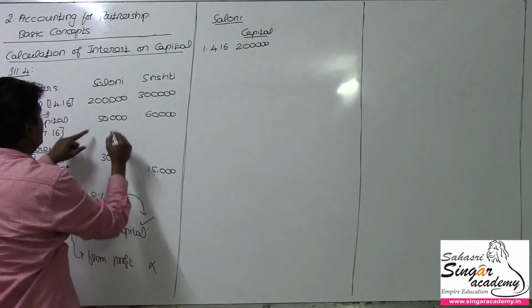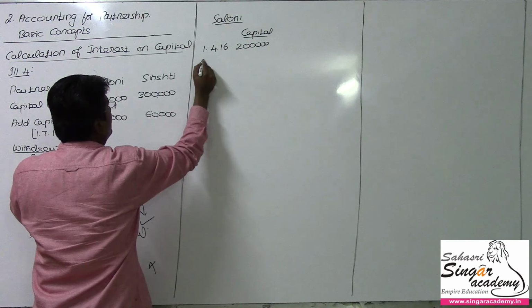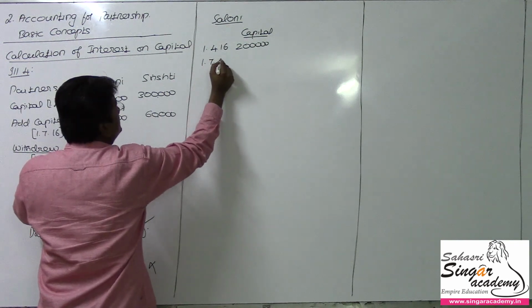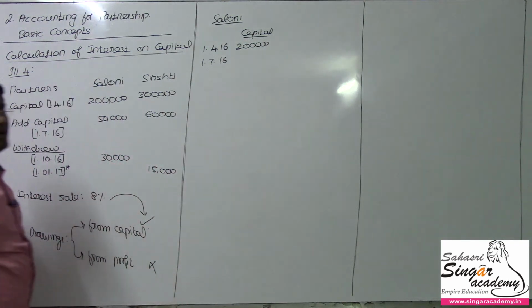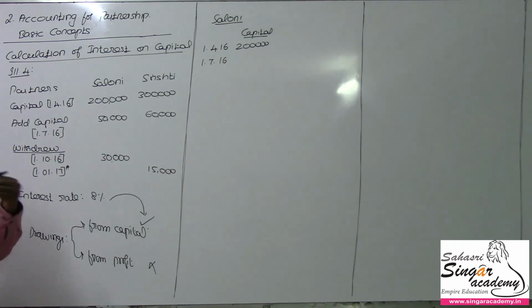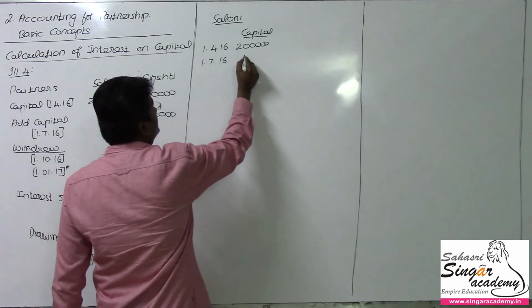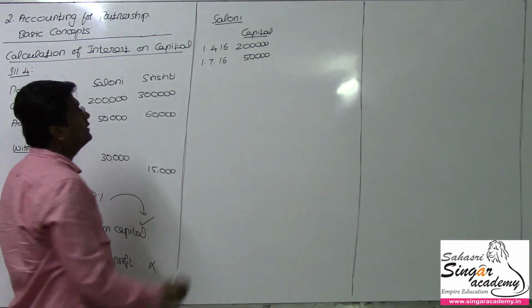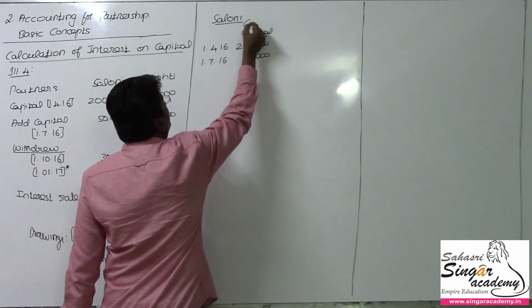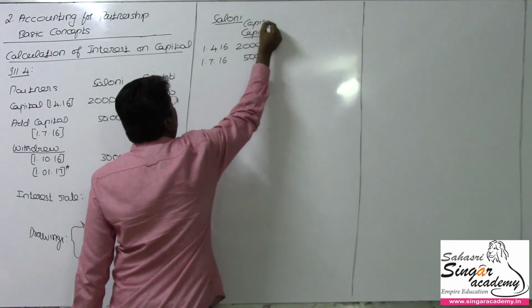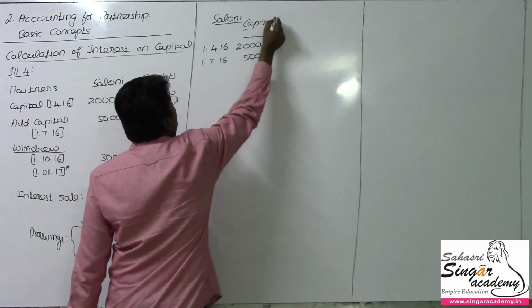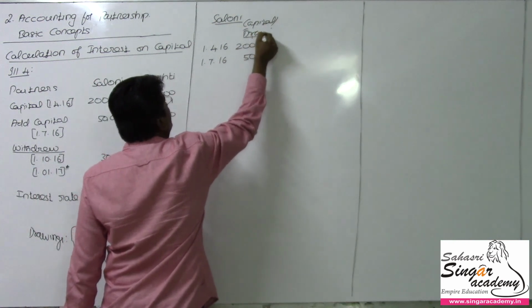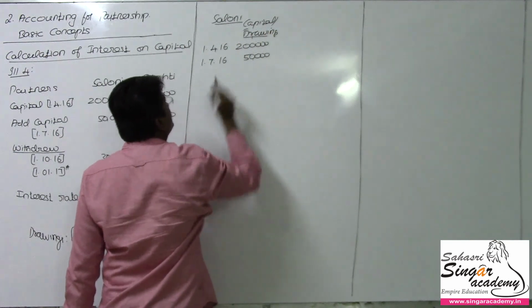And there is introduction of new capital on 1/7/16, further amount deposited as additional capital is introduced here, 50,000 rupees. Capital and drawings, this is how you can write.